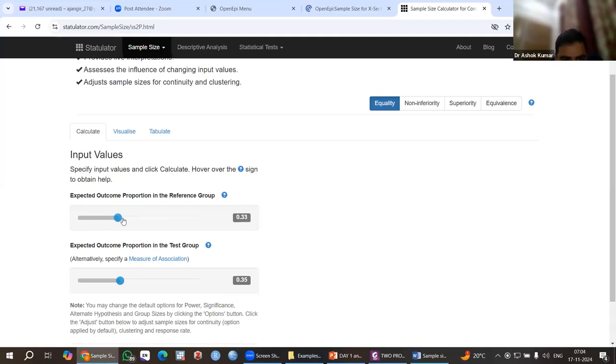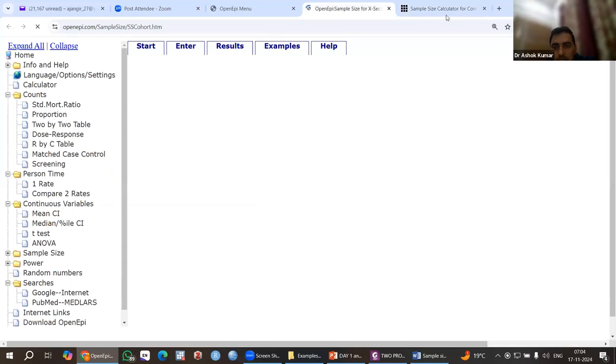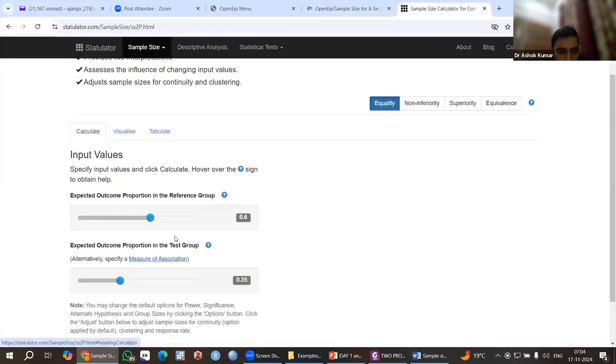So it is 0.6. 60% means 0.6. Okay, I have set. Okay, it's opening, no issue. Then in the proportion test group or intervention group, it is 40%. So I have to drag it. It is 0.35. I have to drag it up to 40%. A 20% reduction you can see here.